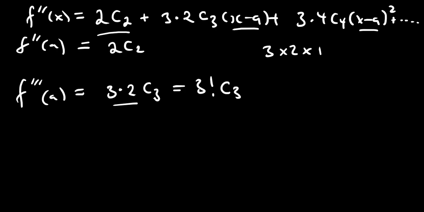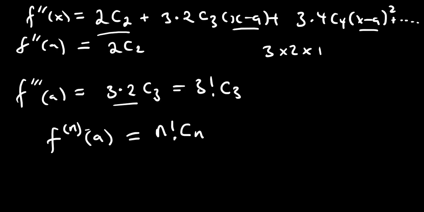So in a more general form, this means if I have f to the nth derivative, to whatever power of derivative it can be, when we replace a in the function, this is just going to be equal to n factorial times cn.